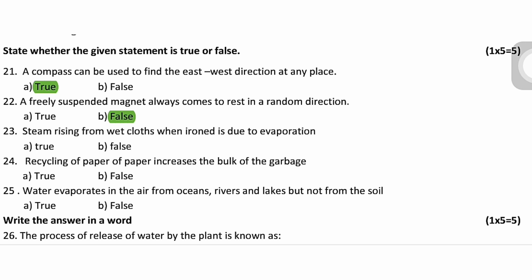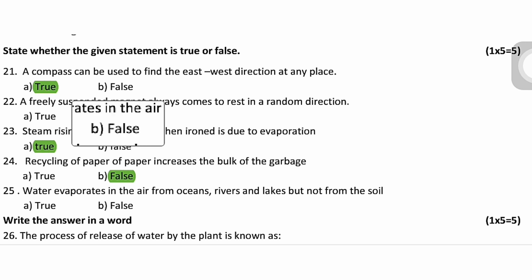Steam rising from the wet cloth when ironed is due to evaporation. True. Recycling of paper increases the bulk of garbage. It's false, so option B is right. Water evaporates into the air from oceans, rivers and lakes but not from the soil. It's false.